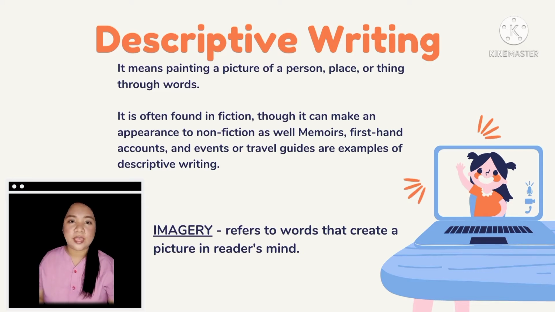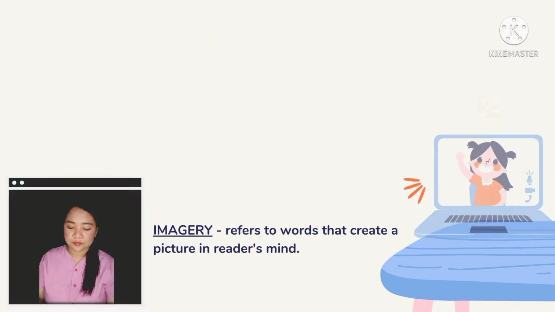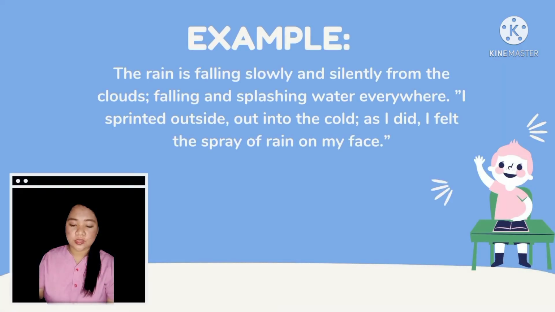Let me show you an example sentence. The rain is falling slowly and silently from the clouds, falling and splashing water everywhere. I sprinted outside, out into the cold. As I did, I felt the spray of rain on my face. What can you picture in the first example sentence?